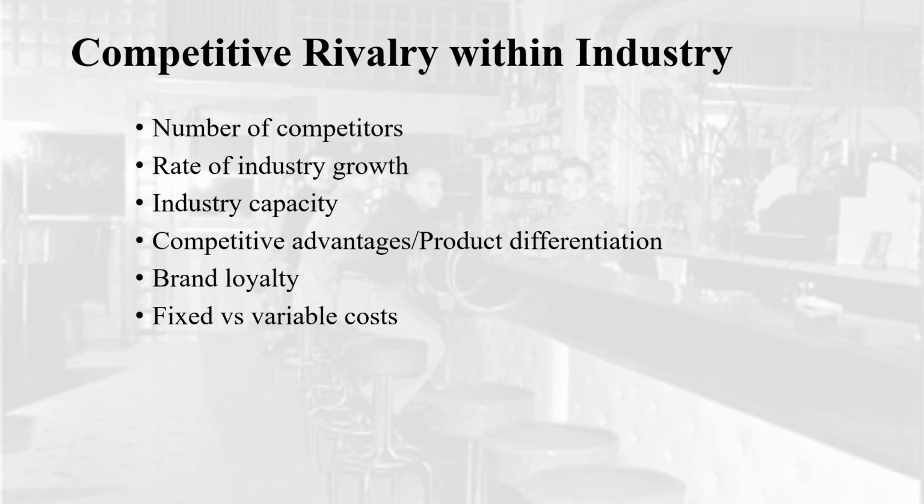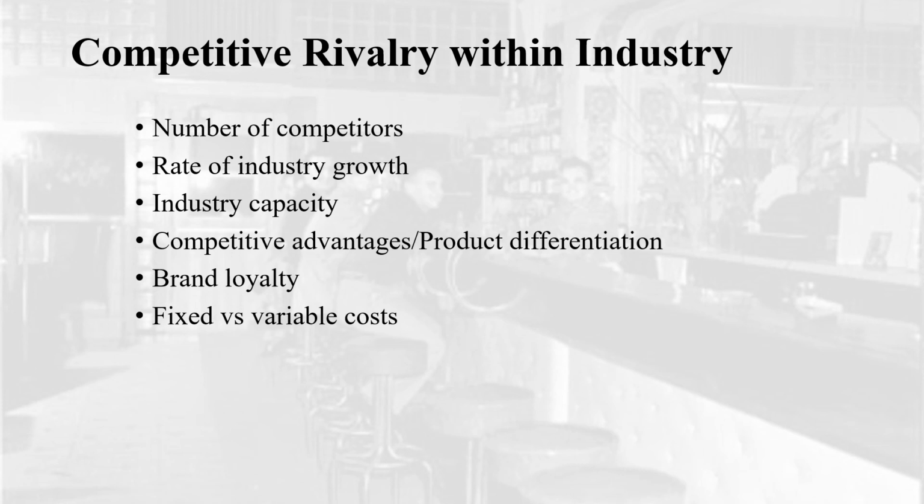Because in an industry that has very low growth, the only way to gain share is to steal it from someone else. And as a result, if I have to get my customers from you, the competitive rivalry increases. So as industry growth increases, competitive rivalry decreases.